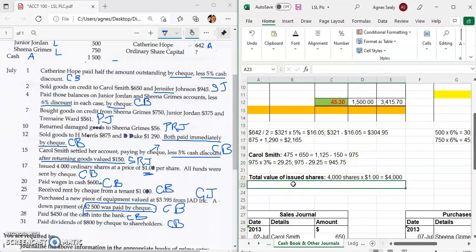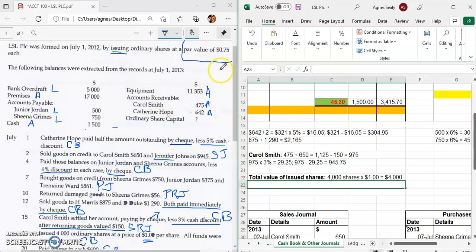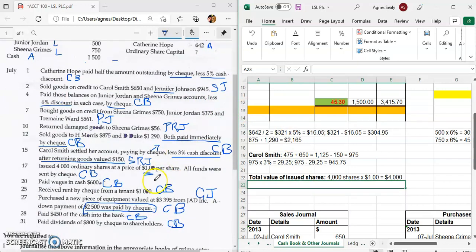After we worked out the total value of the shares being issued, our next step is to separate the par value of the shares from the share premium, because the par value is 75 cents and they're issuing at $1. That means they're issuing at a premium.